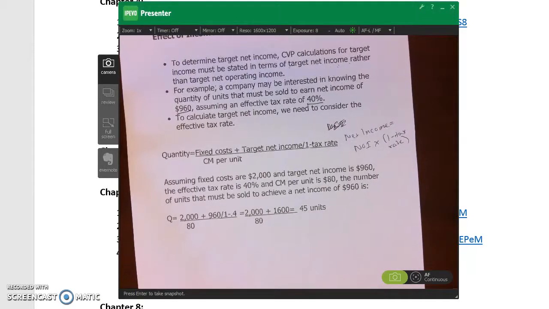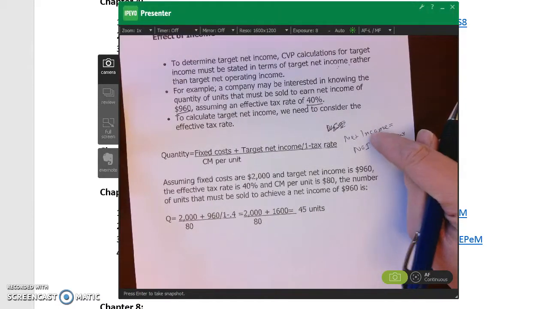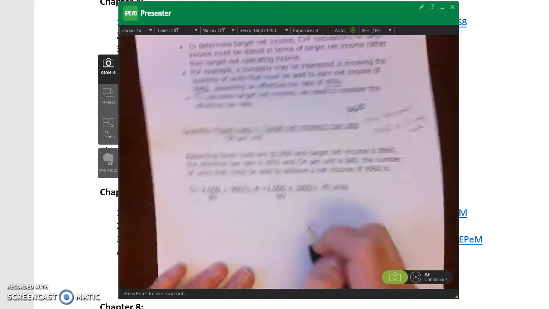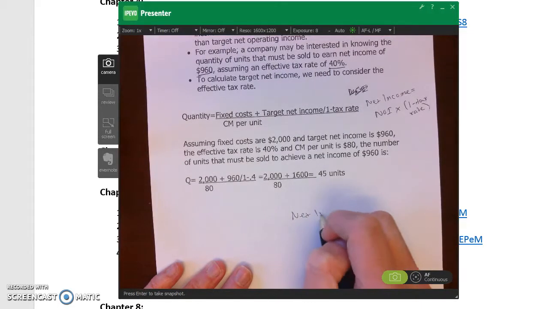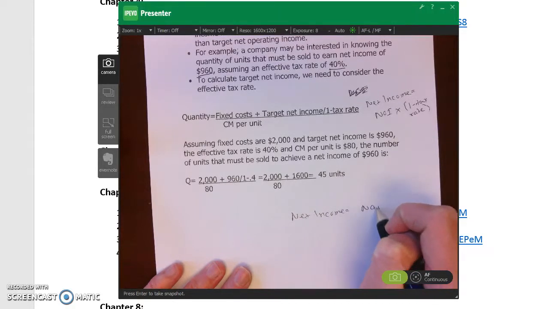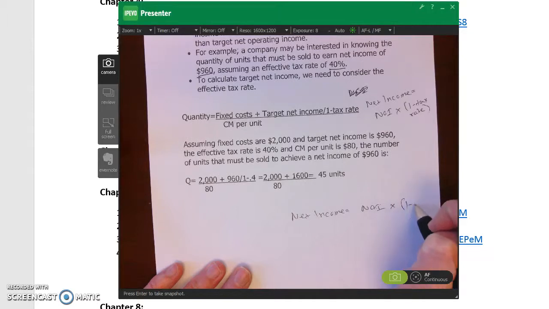Okay, so in that case, I'll write that down here because I ran out of room: target net income equals NOI times 1 minus tax rate.